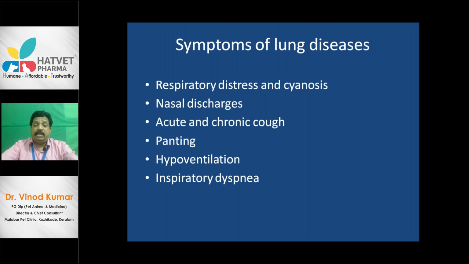So when this is altered, definitely the oxygenation level of the blood also becomes altered. So in order to increase the oxygenation level of the blood, what should the body be doing? Definitely it will be increasing the number of breaths per minute, the rate of respiration. So a polypnea develops.